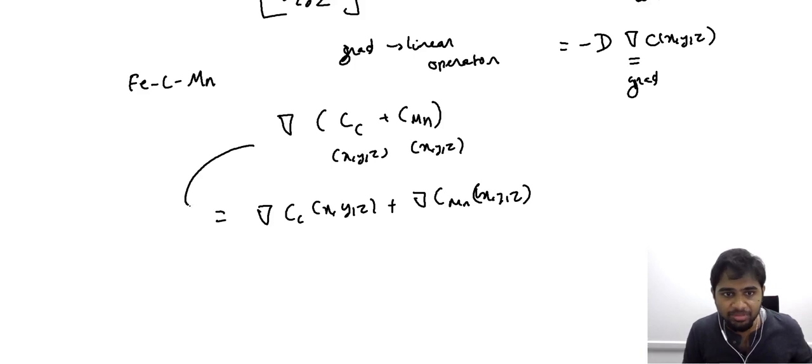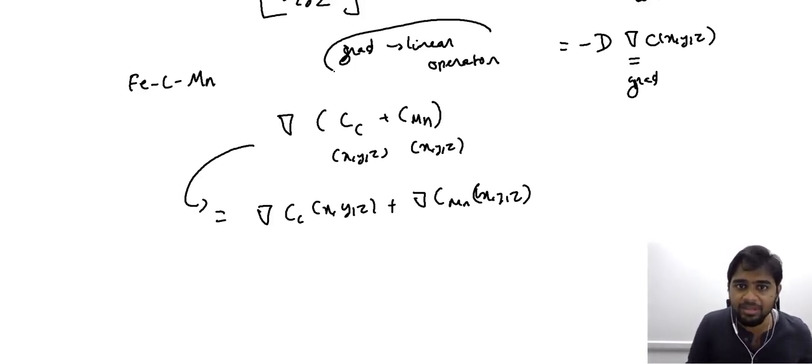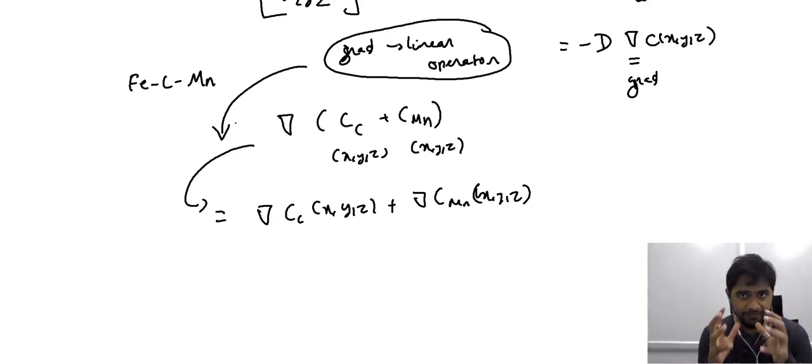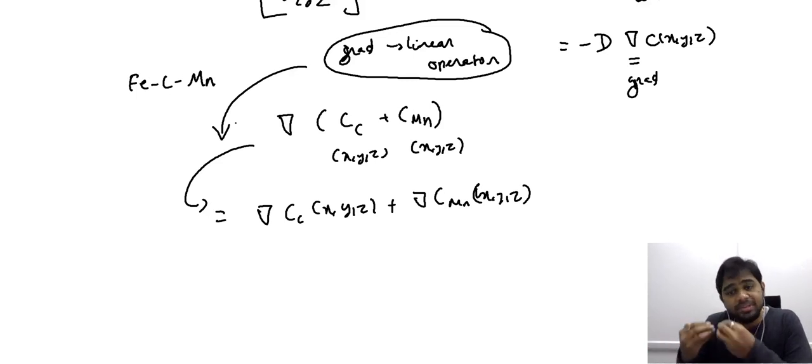This is possible because the gradient is a linear operator. So even within the context of Fick's first law, one feature of this gradient allows us to handle the system in a more straightforward manner.